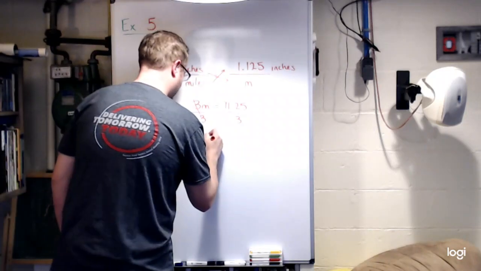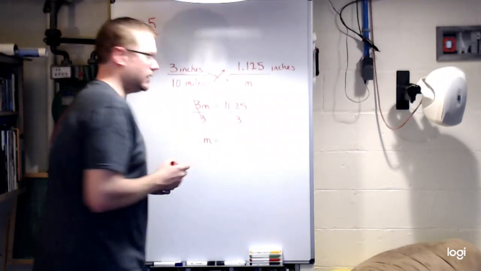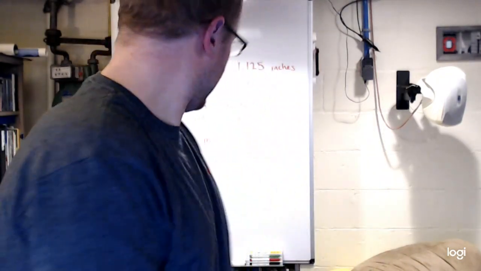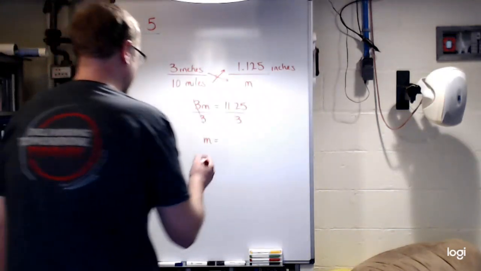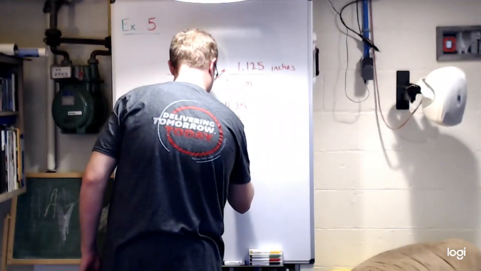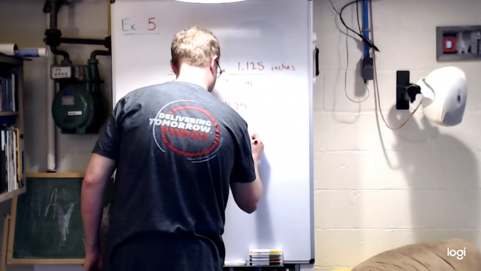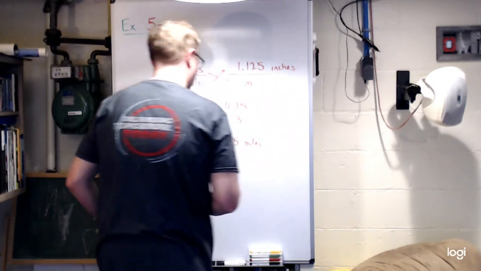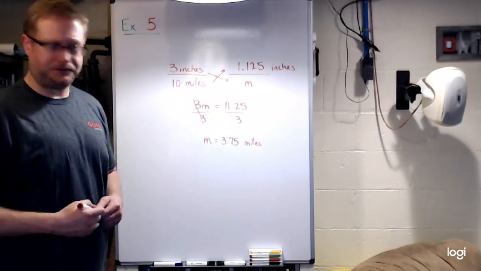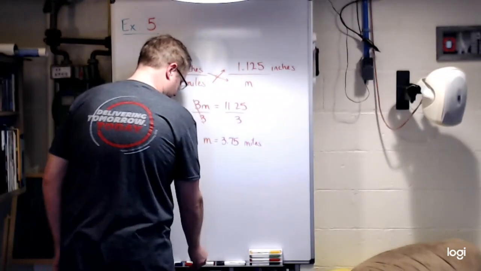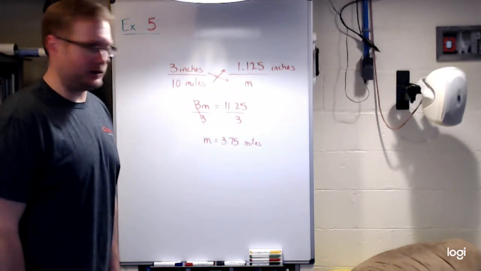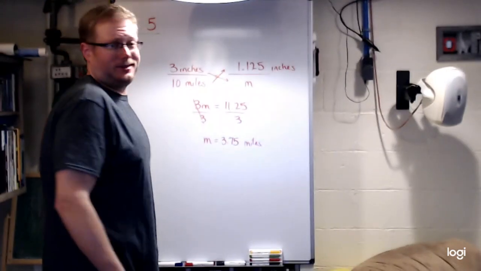The 3's cancel out. 11.25 divided by 3 is 3.75 miles. I'm a little short on time here, so I'm not going to write my sentence, but write your sentence, okay? That's it.